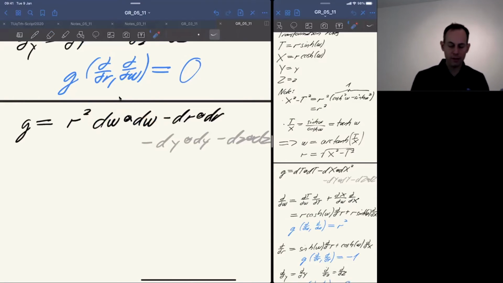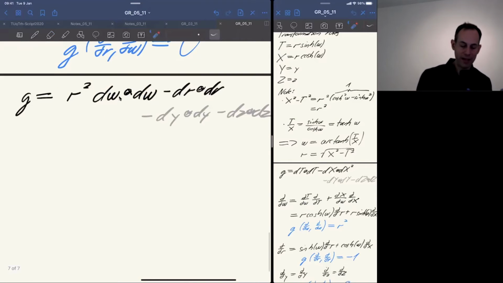The omega component, so omega is something like a time. It has a positive prefactor, but it's like a scaled time. But the scaling depends on how far you are away from the 0 point. And that's kind of interesting. So that makes these coordinates interesting. That a priori doesn't tell you much.